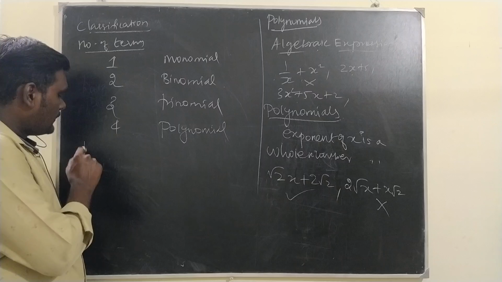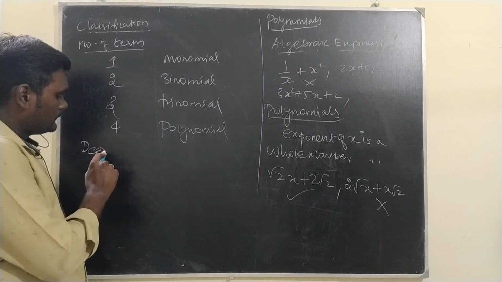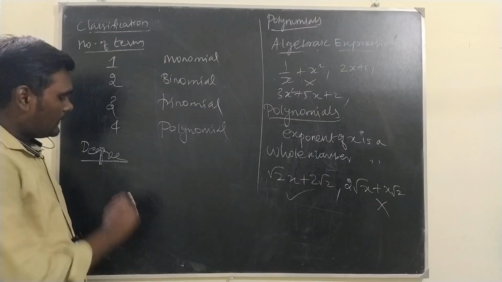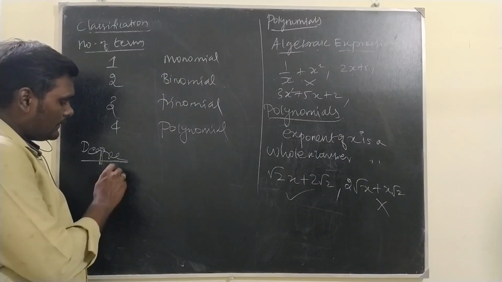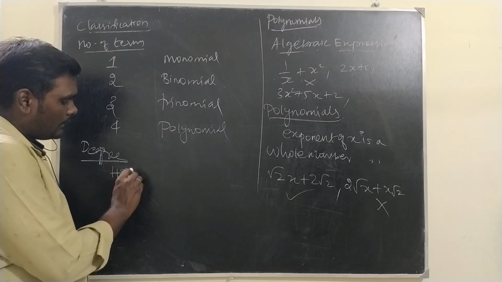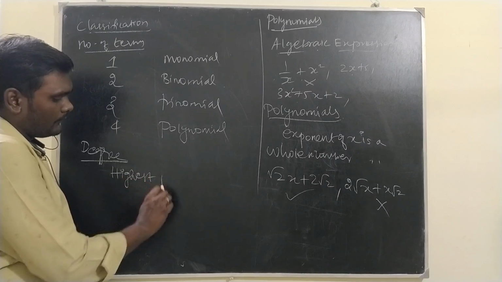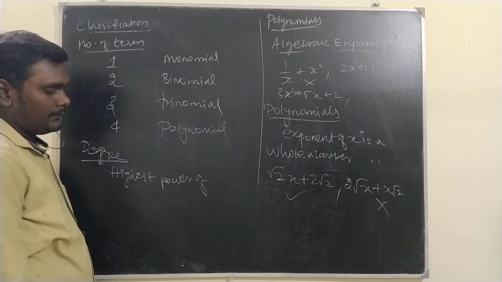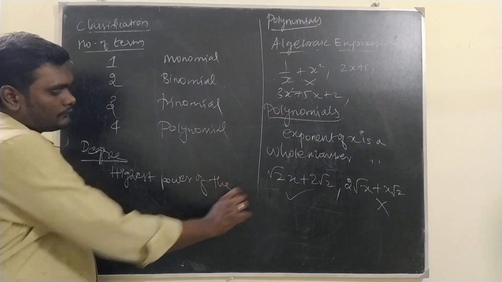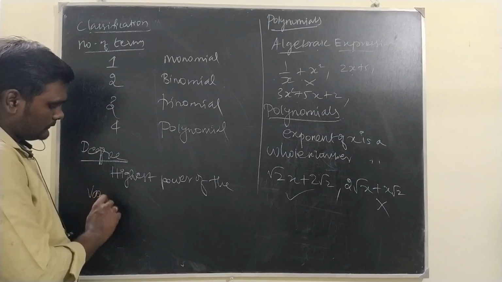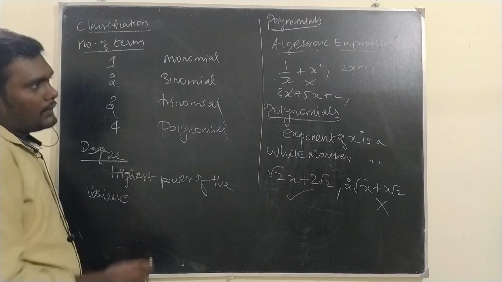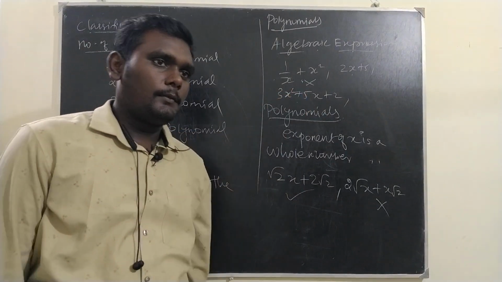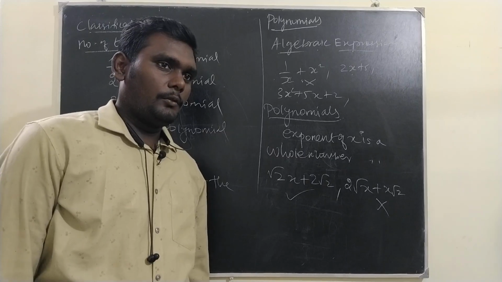The classification based on degree. Before getting classified by degree, we should know what degree means. Degree means the highest power of the variable. What is the degree of this polynomial? Don't say 2.